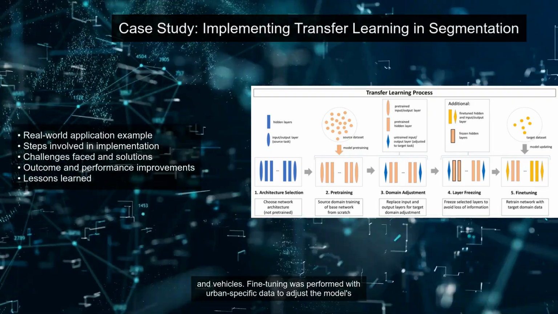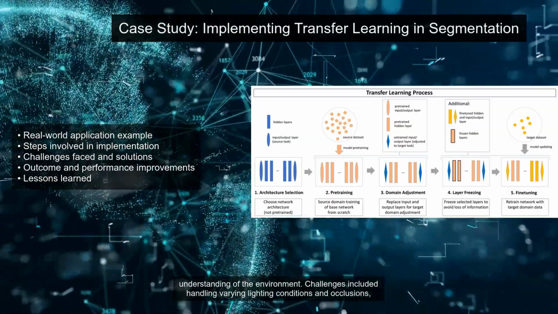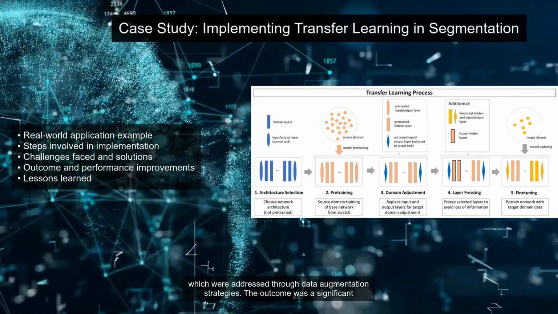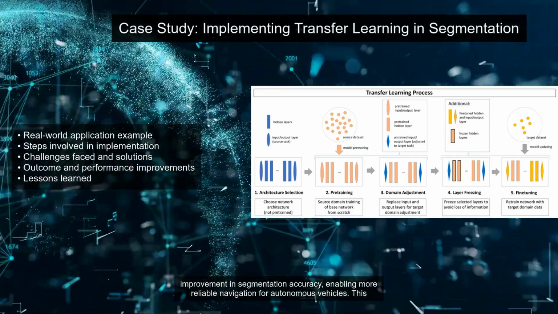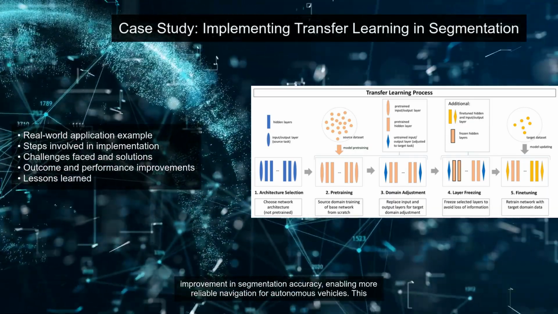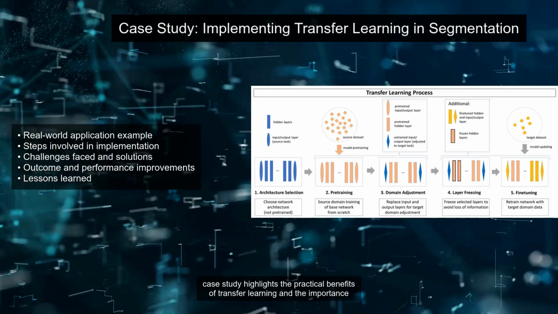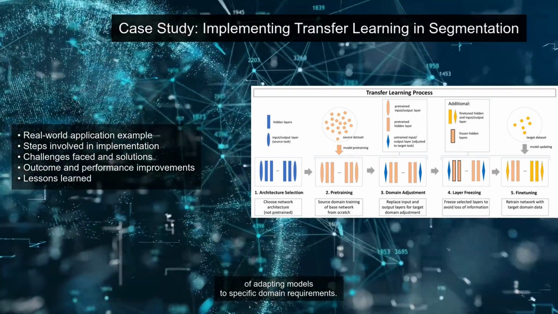Fine-tuning was performed with urban-specific data to adjust the model's understanding of the environment. Challenges included handling varying lighting conditions and occlusions, which were addressed through data augmentation strategies. The outcome was a significant improvement in segmentation accuracy, enabling more reliable navigation for autonomous vehicles. This case study highlights the practical benefits of transfer learning and the importance of adapting models to specific domain requirements.